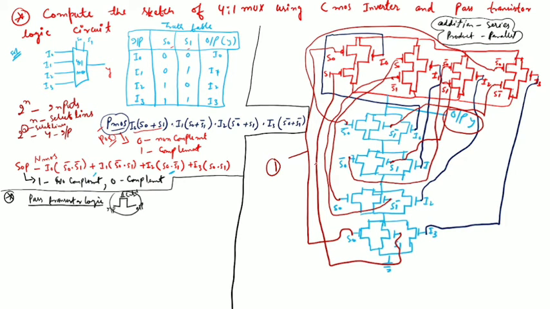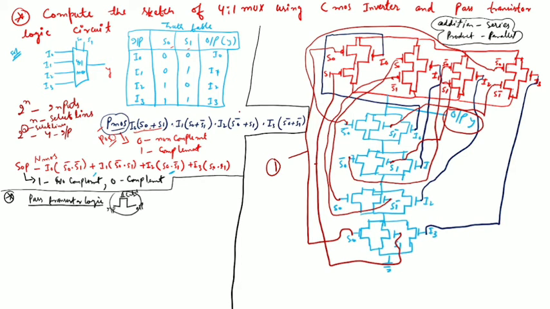This first equation represents this S0, and this S0 and this S0 and this S0 will connect. This S1 and this S1 will connect. Similarly this I0 and this I0 will connect, and similarly this will connect with this, and these are connected PMOS and NMOS.